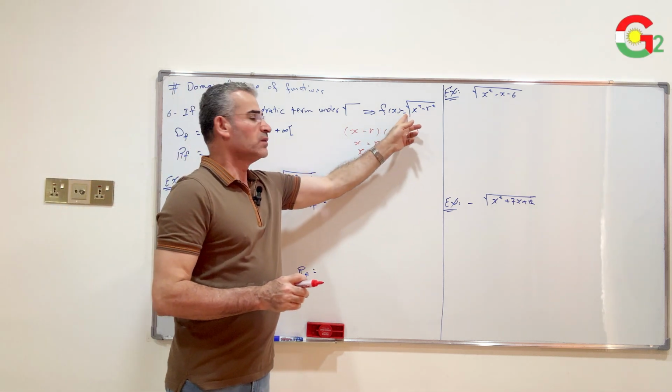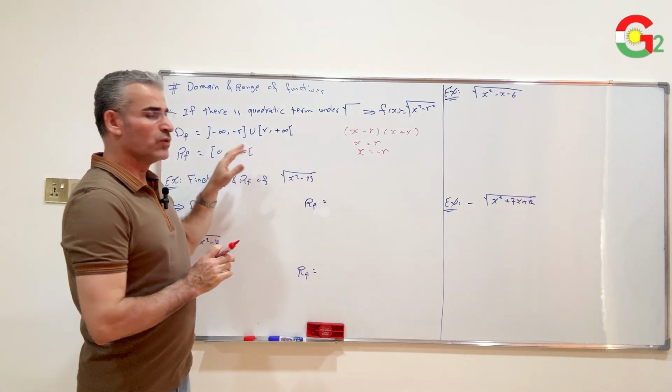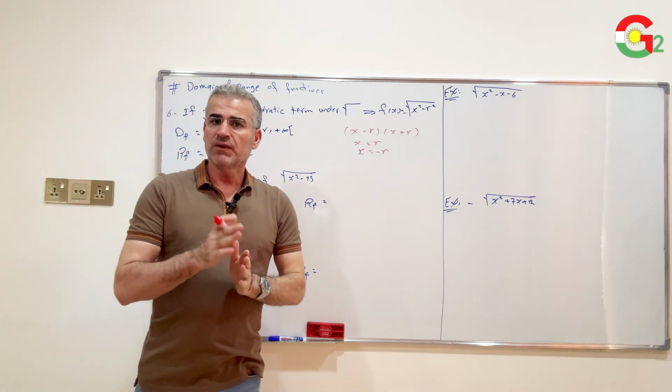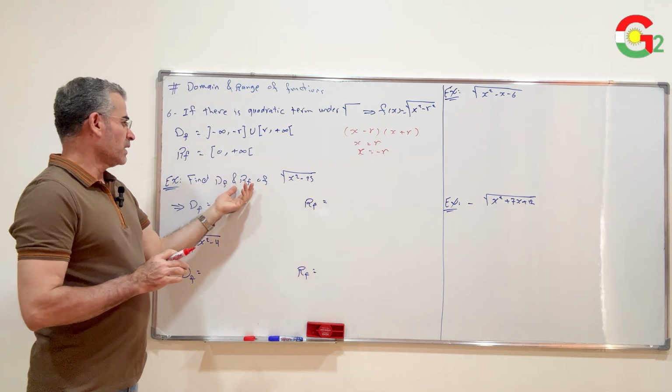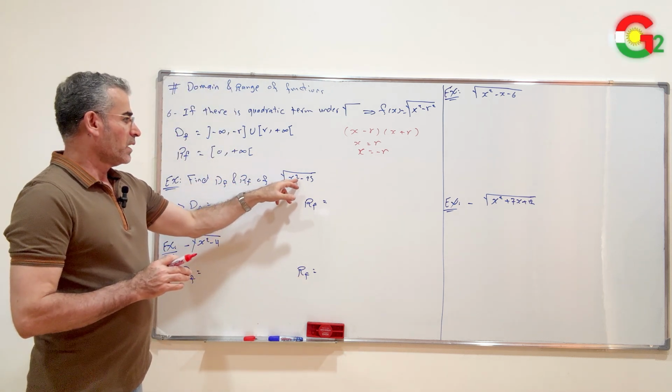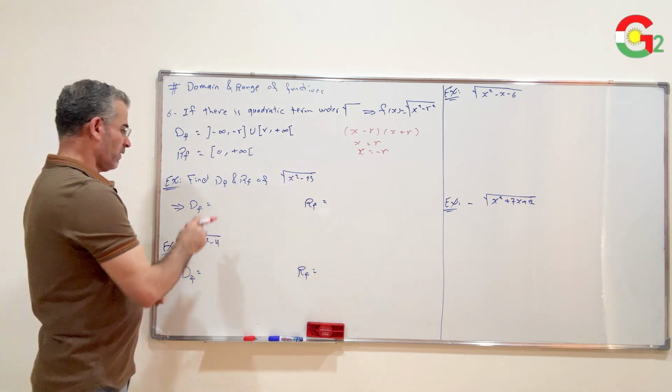If the root is preceded by negative, then we have a reflection about the x-axis and the range will be negative infinity to 0. Example, find the domain and range of the function square root of x squared minus 25.